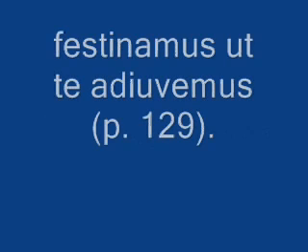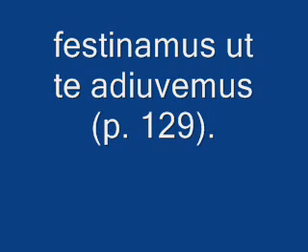So let's look at an example in number 1. Festinamus. We are hurrying. It's just a regular present indicative, right? You recognize it from the A, because it's festinare, right? That's not a subjunctive. Festinamus. We are hurrying. Ut te adiuvemus.